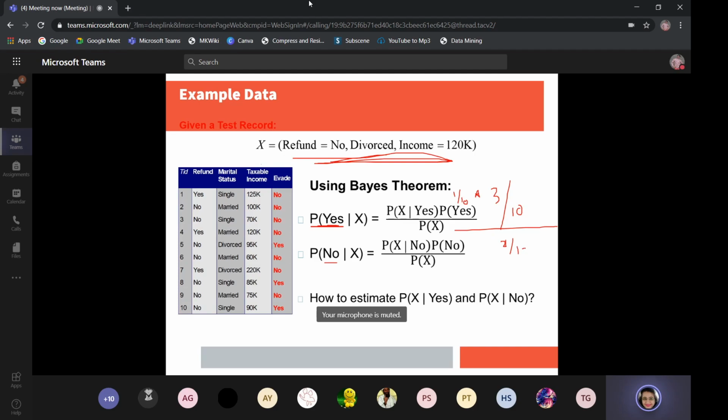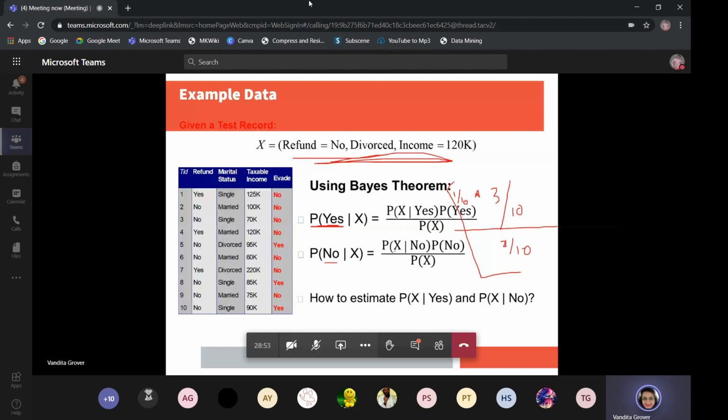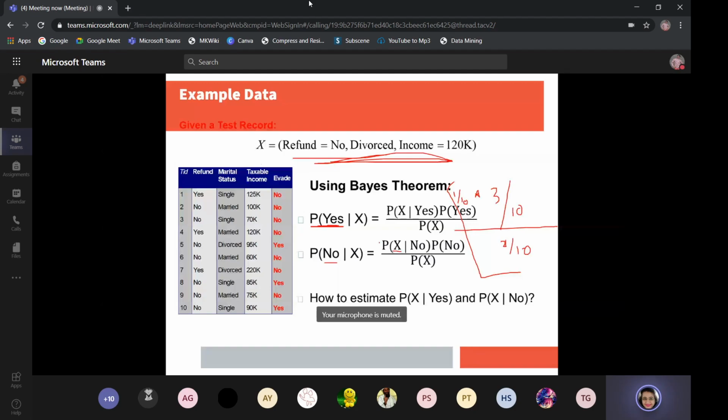Similarly, you will have to find this combination and see if there was something with no. So given this combination of records, how many of them had no, meaning how many are with no, and the probability of no. So this was, I think, 7/10, and let's assume that this was 2/10.